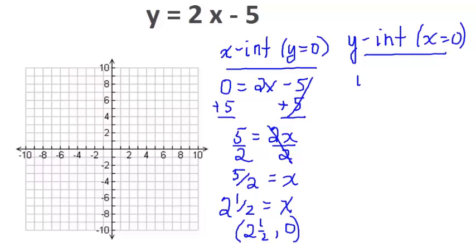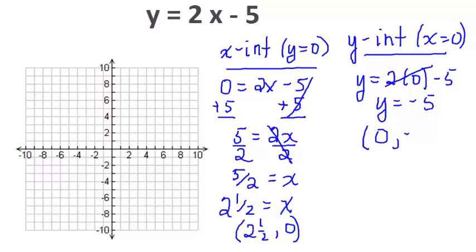So based on our equation, that looks like y equals 2 times 0 minus 5. And then 2 times 0 is 0, so that leaves us with negative 5 for y, and writing that as an ordered pair would be in the form 0 comma negative 5.